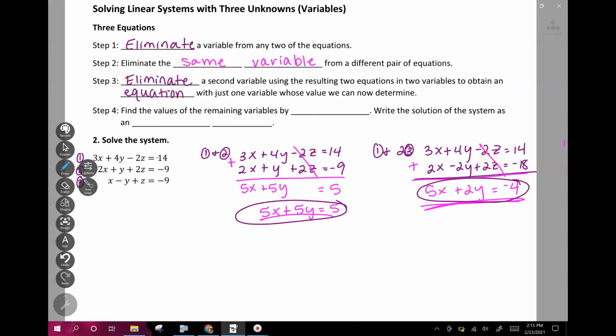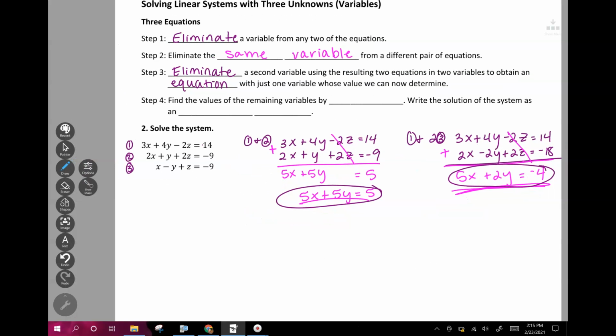It would be easier to do elimination on these two because we have a 5 as a coefficient on both. So I'm going to name this equation 4 and equation 5. And what we're going to do here is equation 4 and negative 1 times equation 5.